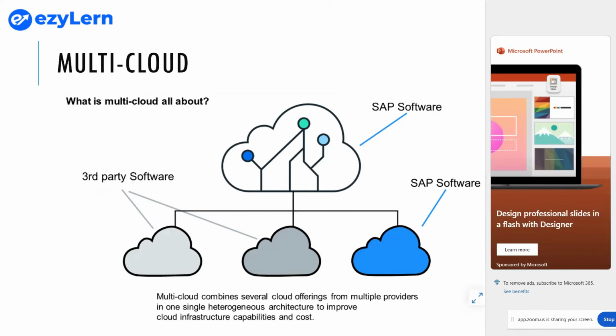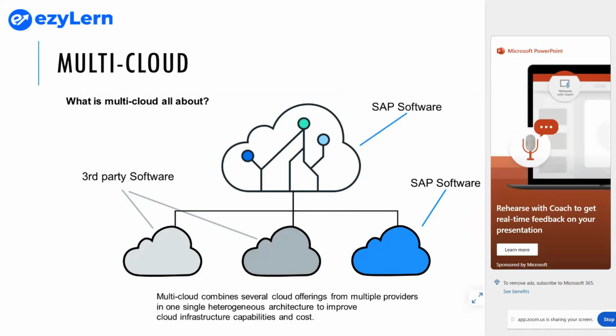It doesn't matter whether it's infrastructure, a platform, or software as a service, they are all on demand. So you can combine and integrate them through the concept of multi-cloud. SAP is also supporting the approach of multi-cloud, and that means you can combine software from different regions and deployment models, and you can combine SAP software with software from third parties also.